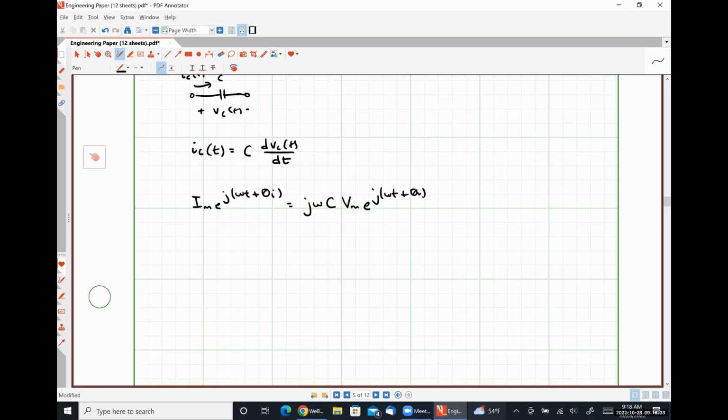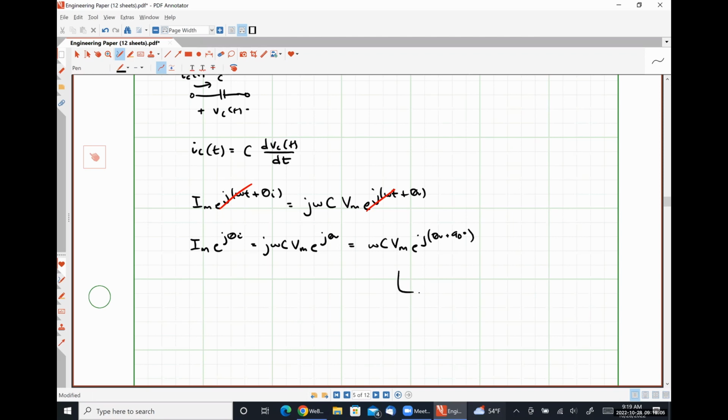From here, I'm going to suppress my frequency terms. So this is going to give me Im e^(jθI) is equal to jωC times Vm e^(jθv), or ωC Vm e^(j(θv+90°)).